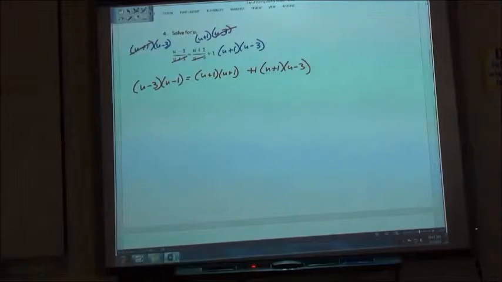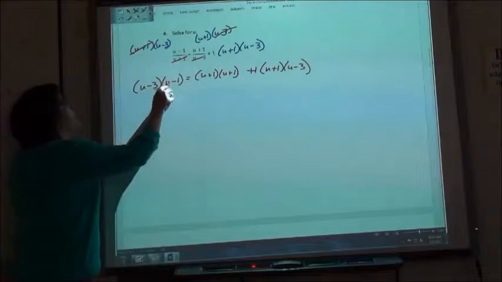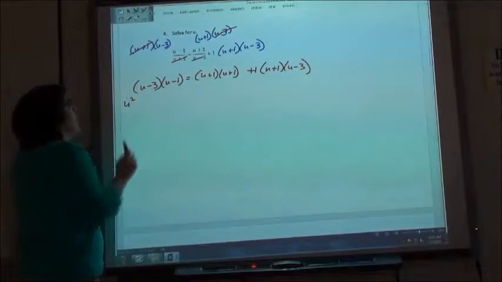So guess what? I'm going to end up doing a whole lot of foiling. All right. So I'm going to have to FOIL each of those sets of parentheses out. So here I'm going to FOIL that. I'm going to have a u times a u, which is a u squared.